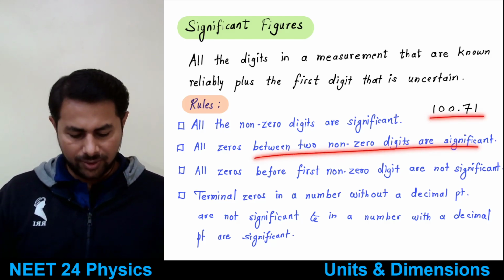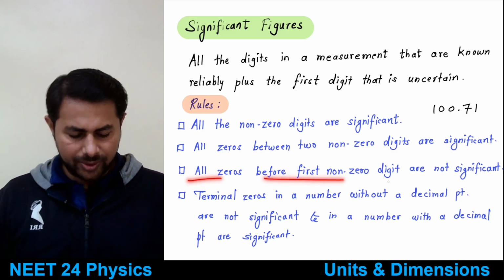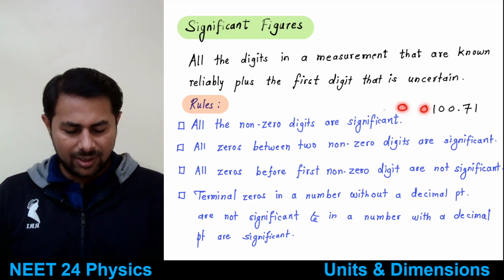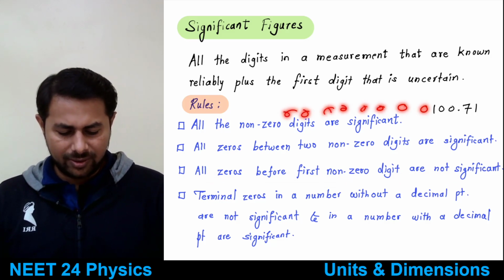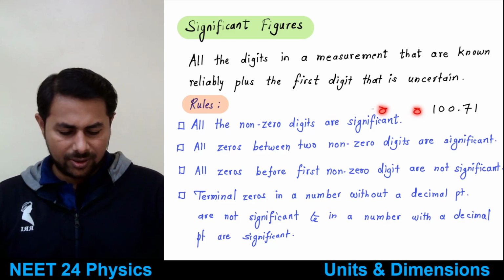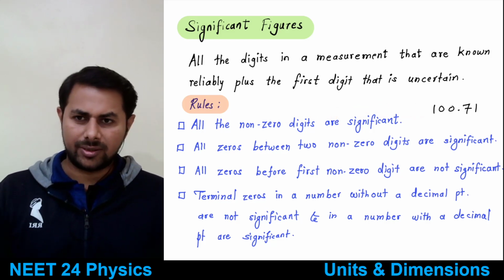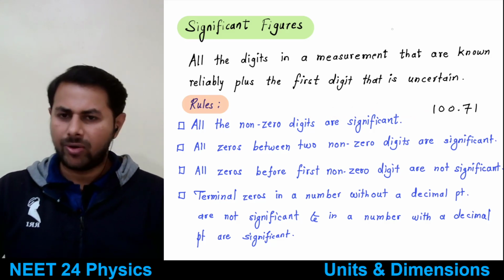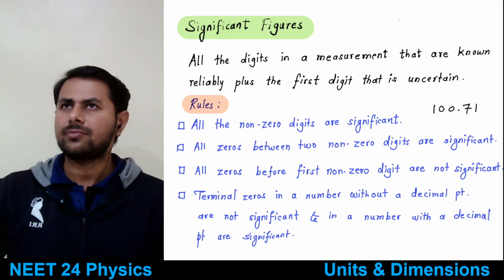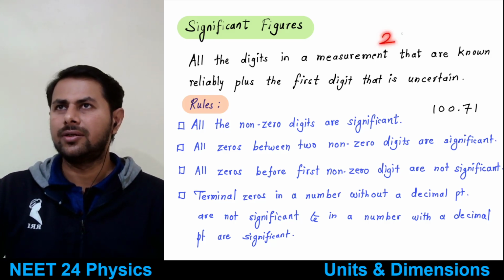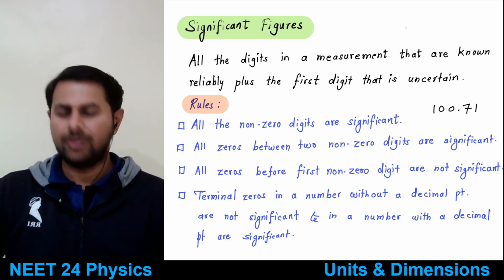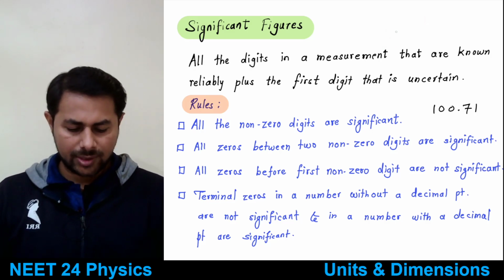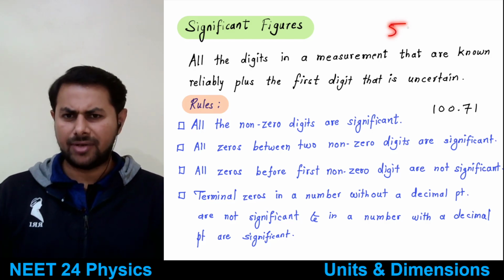That's the second rule. The next rule is all zeros before the first non-zero digit are not at all significant. I can write 100 zeros before the first non-zero digit, and all of them will be insignificant. They are not at all important, right? For example, what is the date today? Suppose the date is 5th of January, 2024.